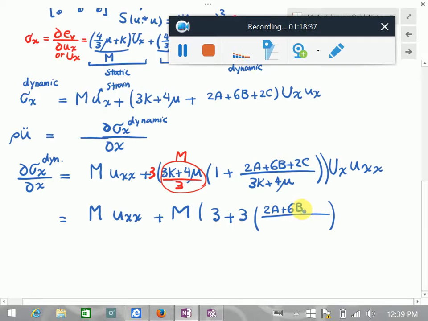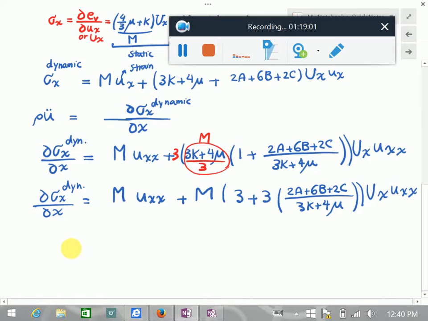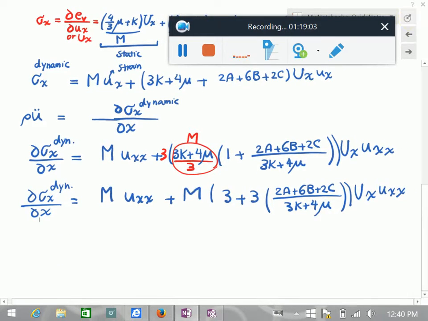So pay attention that this expression, it is complicated, but it contains only material properties. And we close this uxx. Now, we are almost there.